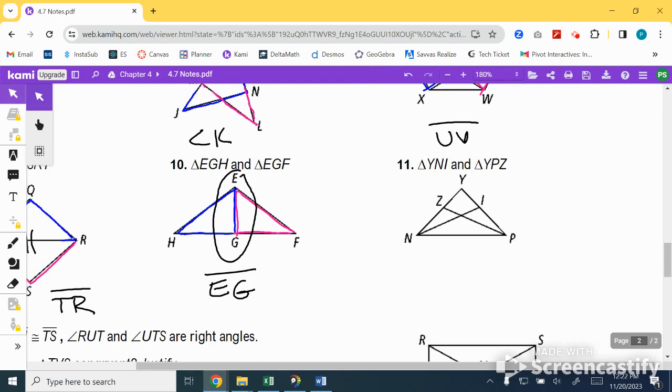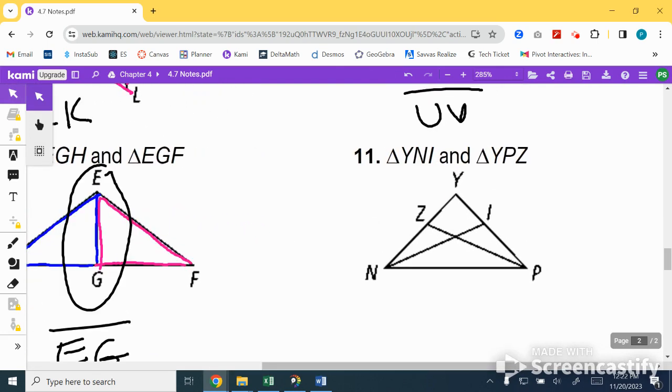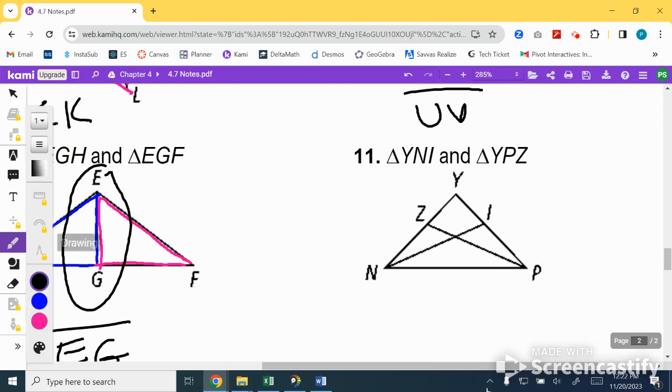We're going to come over here. These ones are overlapping. They're a little bit more challenging than the ones that we just did. So just figure out your triangles. Triangle YNI is first. So Y to N, from N over to I, and then close it up. That's triangle YNI. Now we're going to do the other one. YPZ.